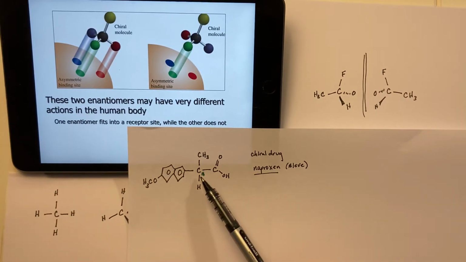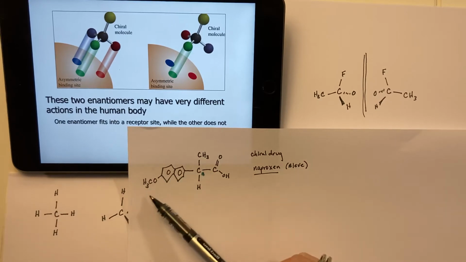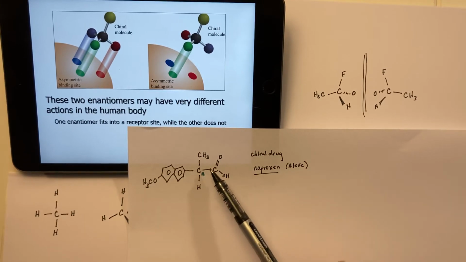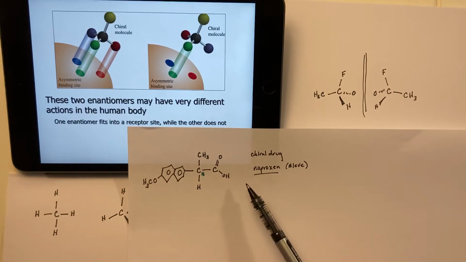How do we know? Well, it's got an H, and then this group with some oxygens there, and then a CH3, and then a really crazy group on the other side. It's got 4 different groups attached to that tetrahedral carbon. That means there's a potential of making this molecule along with its mirror image isomer, its enantiomer.